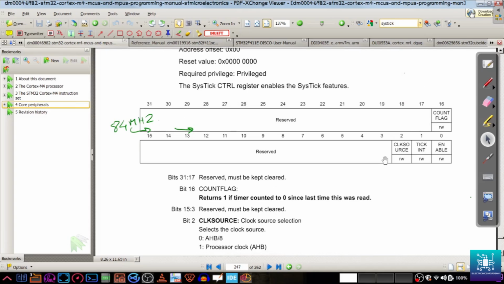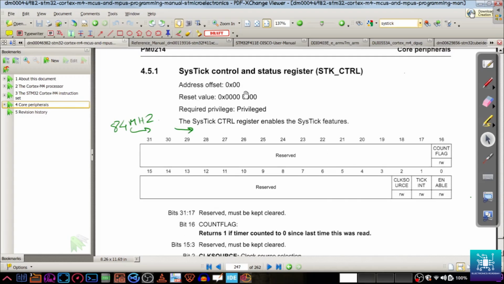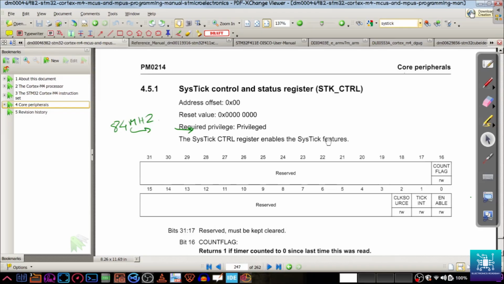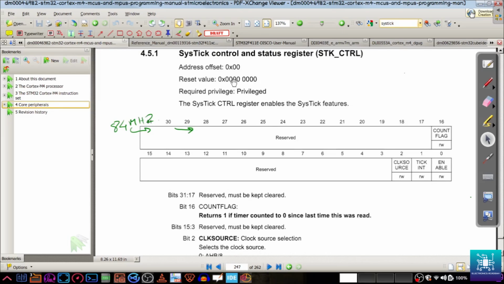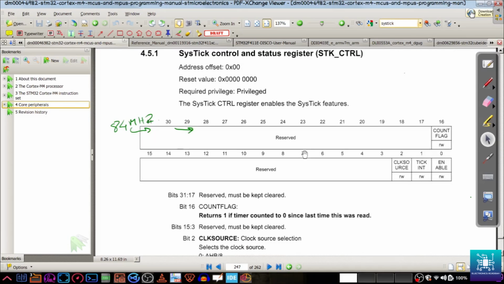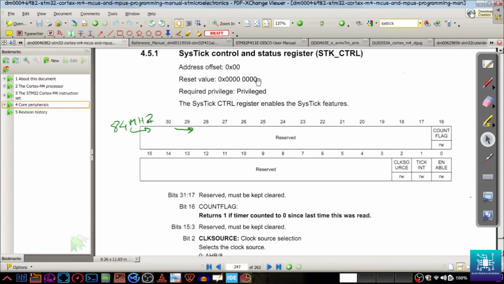Now the clock source is 0 by default, and that we can figure out by the reset value. So whenever you want to know what value the Systick control and status register has by default, or any register has by default, check the reset value. So if you now interpret the reset value in terms of the bits that the register has, all these values are 0 to begin with.